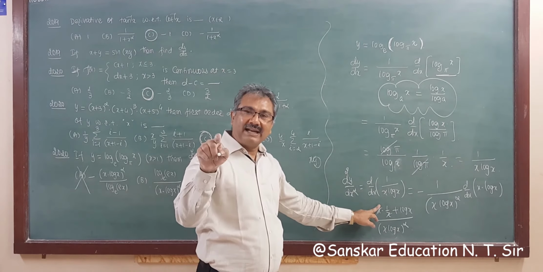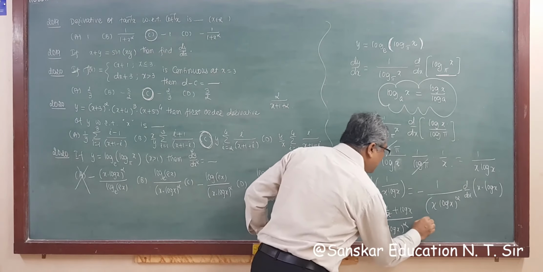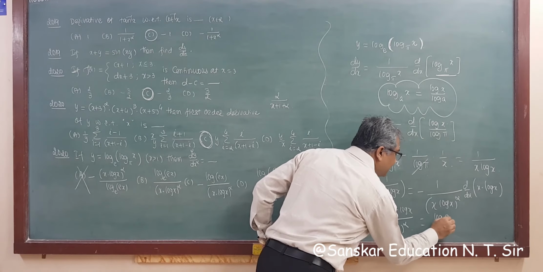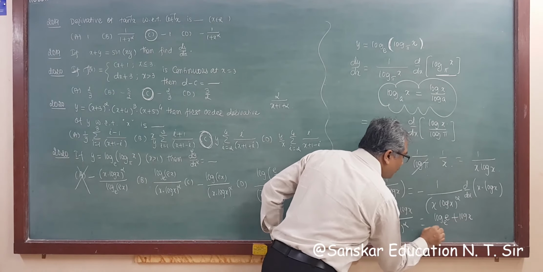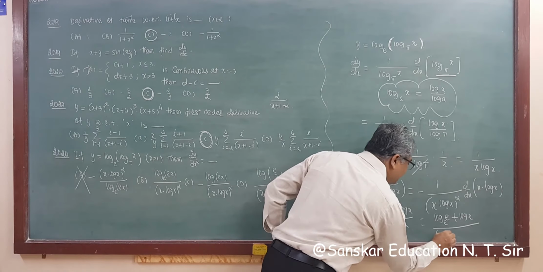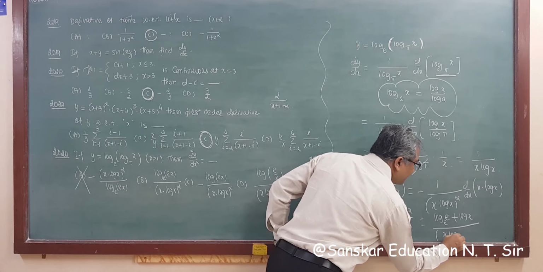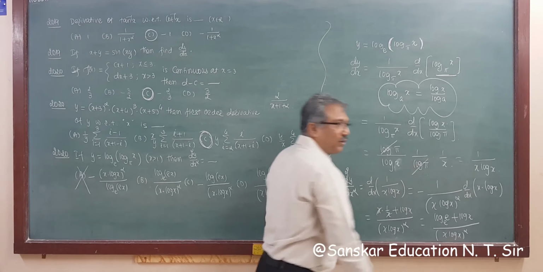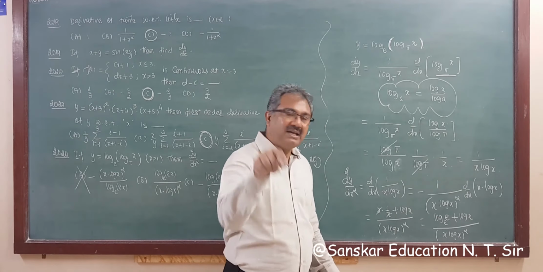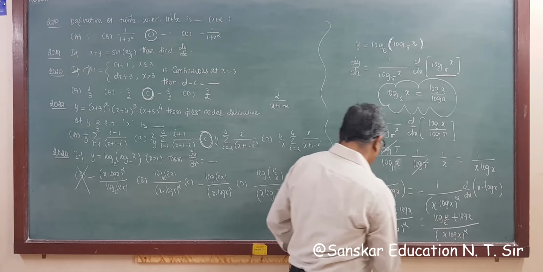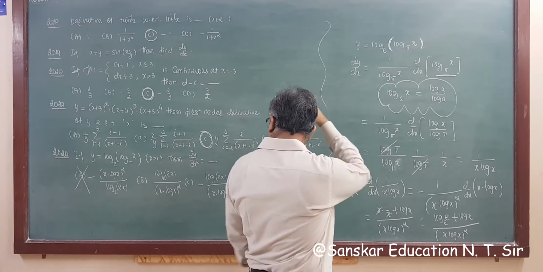Instead of 1, can I write log e base e? So log e base e plus log x whole upon x log x whole square. Log a plus log b is log ab, that is log ex.